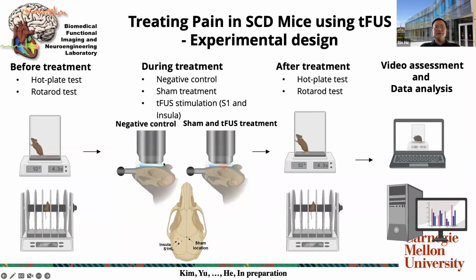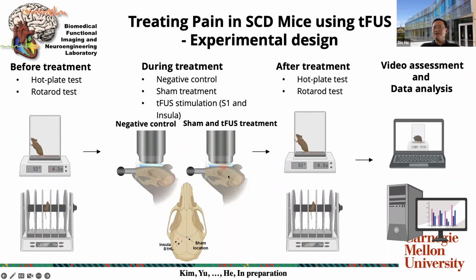What we did was, in collaboration with Kalpana Gupta's group at the University of California, Irvine, who has an SCD mice model, we do the mice experimentation. We do a behavior assessment before ultrasound treatment, and then we have ultrasound treatment.